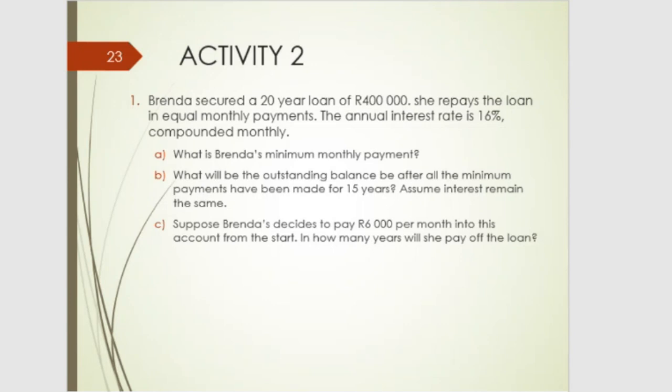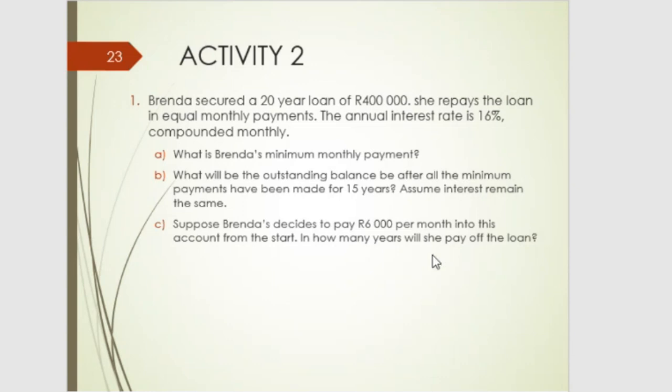So now we find here Brenda secured that loan for 400,000, and she repays the loan in equal payments. The annual interest rate is 16% compounded monthly. What is Brenda's minimum monthly payment? The second one: what will the outstanding balance be after all the minimum payments have been made for 15 years? Assume interest remains the same. Suppose Brenda decides to pay 6,000 per month into this account from the start.